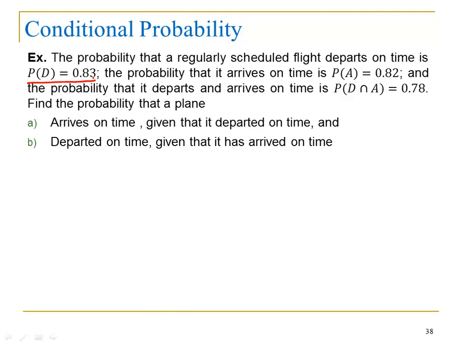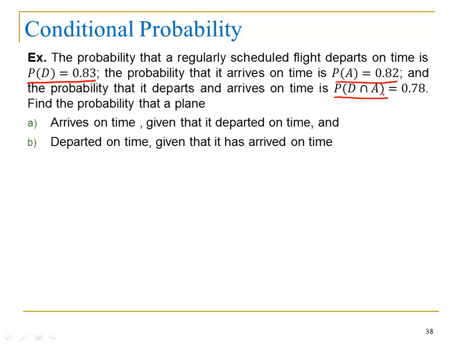So it's 0.83, and the probability that it arrives on time is 0.82. And the probability that it departs and arrives on time is given by this intersection of events, and is 0.78. So now we're interested in two different things.